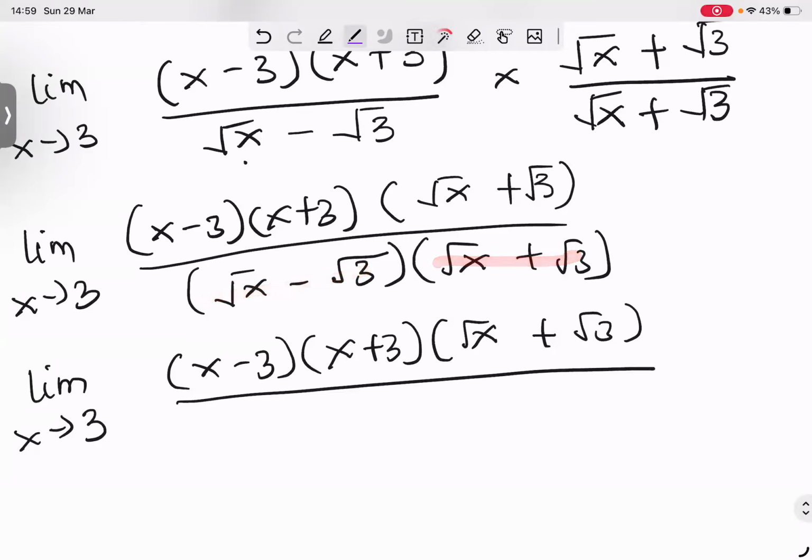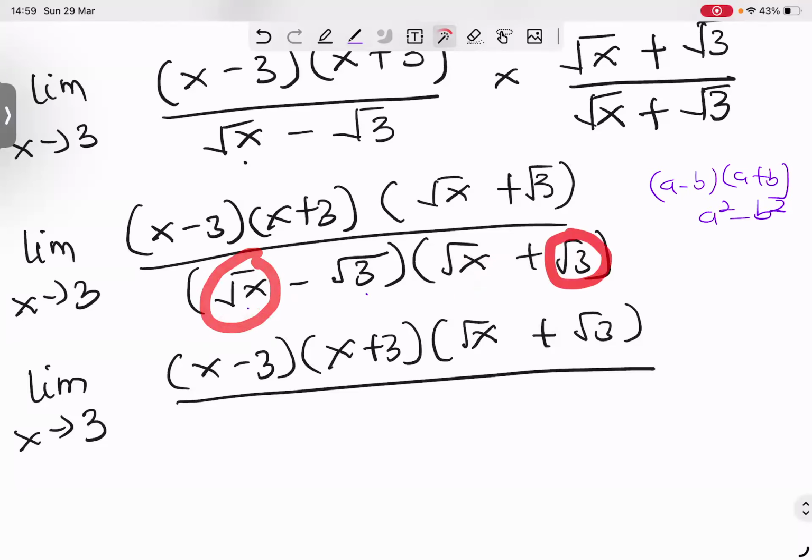Once again, be strategic. If I look at what is inside the brackets, it is of the form a minus b times a plus b, and this is always a squared minus b squared. So instead of multiplying the root of x by root of x, come back and multiply root of x by root of 3.